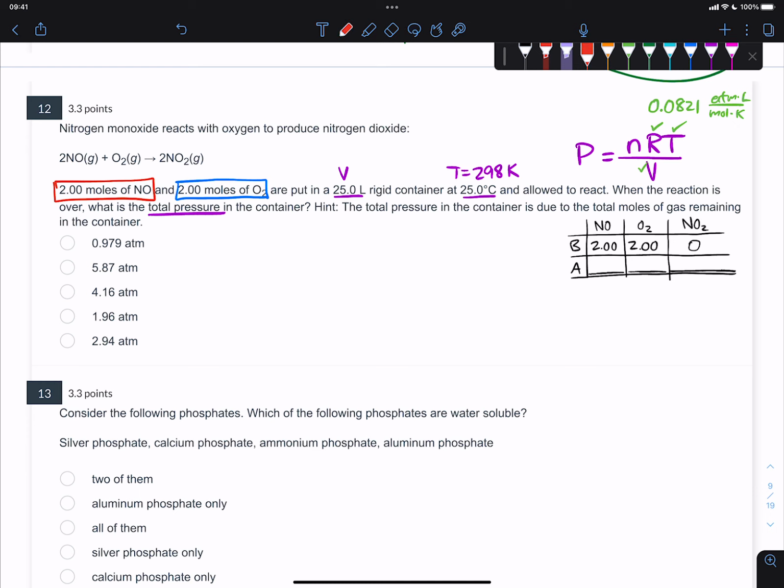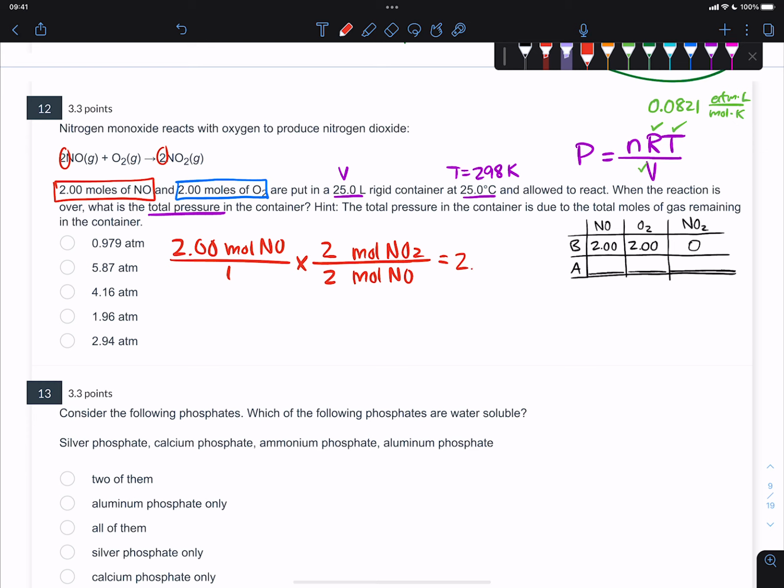Let's deal with the nitrogen monoxide first. If I have 2 moles of NO, and we ignore the oxygen for a second, I'm going to go from moles of nitrogen monoxide to moles of nitrogen dioxide. And according to the balanced equation, it's a 2-to-2 ratio, which means that with nitrogen monoxide, we could get 2 moles of NO2.